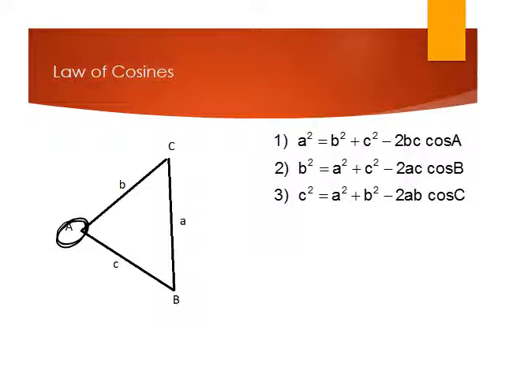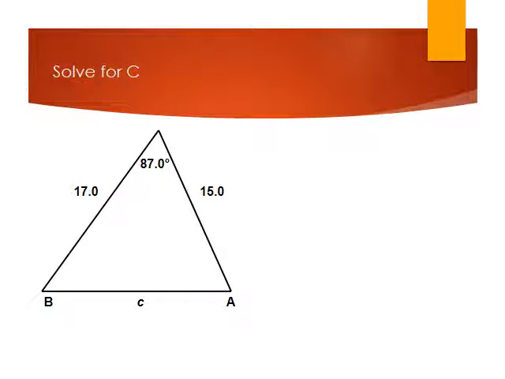So this side squared, the side I'm going for, is equal to the other two sides squared, minus 2 times those times cosine A. So it looks big and bad, but once you get some practice, I don't even think about the formulas, I just do it.